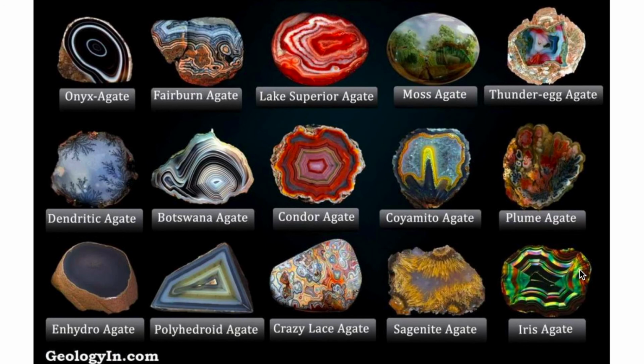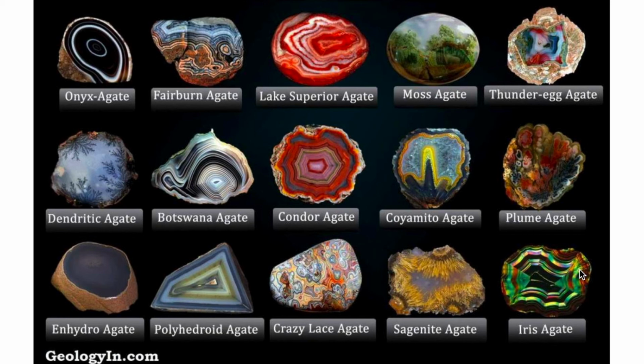And another slide here, just of some beautiful different types of agate. Agates often get names distinguishing them based either on where they formed or what kind of other minerals they have worked into them.